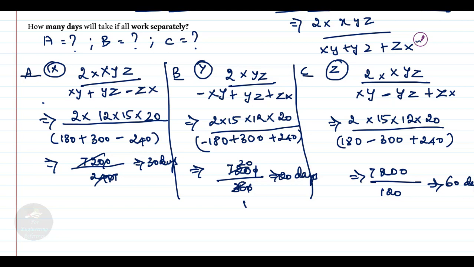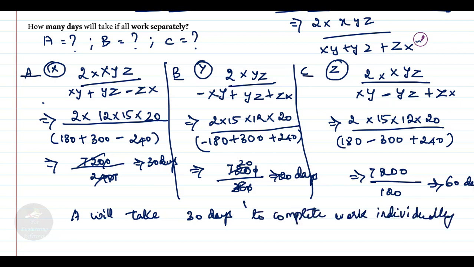So we have found the values for A, B and C. A will take 30 days to complete the work individually. Similarly, B will take 20 days, and C will take 60 days.